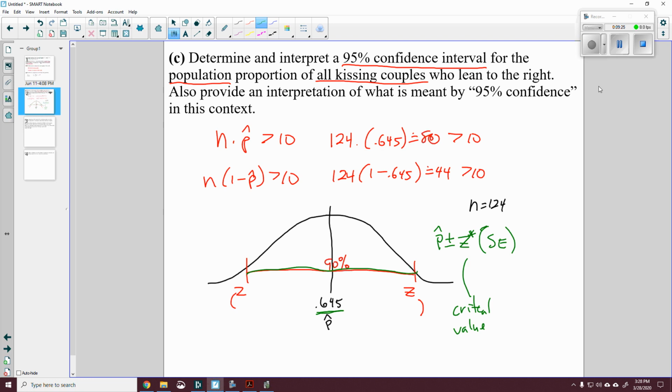So what I'm trying to find out is the actual proportion right here and the actual proportion right here that represent the lower and upper limits of this 90% confidence interval.